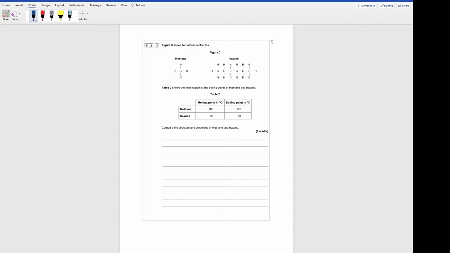If you remember the general formula for an alkane, it's the number of carbons doubled plus 2. So 6 times 2 is 12, plus 2 is 14. So it's got 14 hydrogens, again, all connected by single bonds. So let's compare the properties. So what's similar about them? Well, methane and hexane are both made of carbon and hydrogen only.